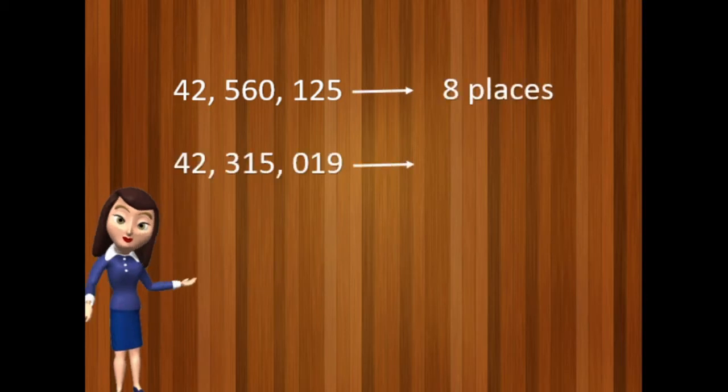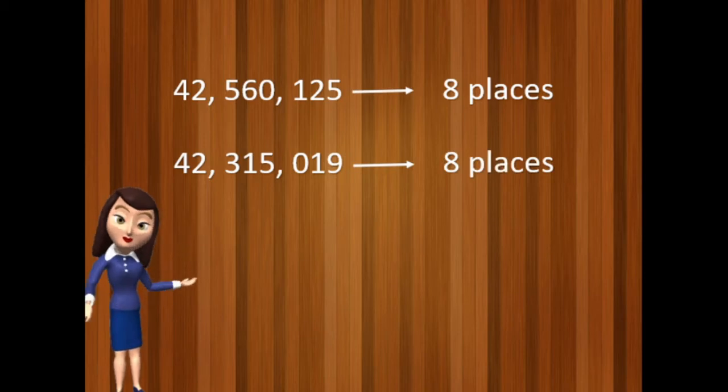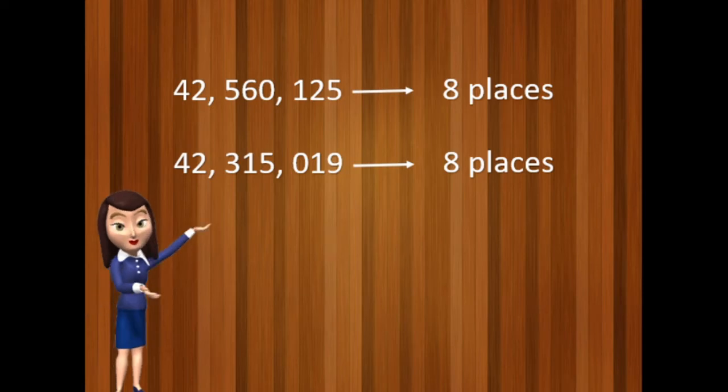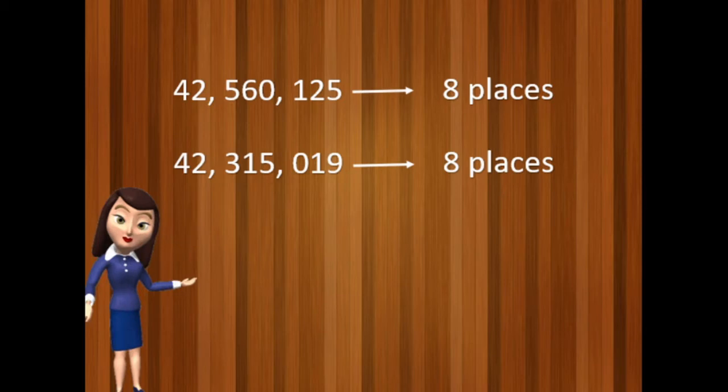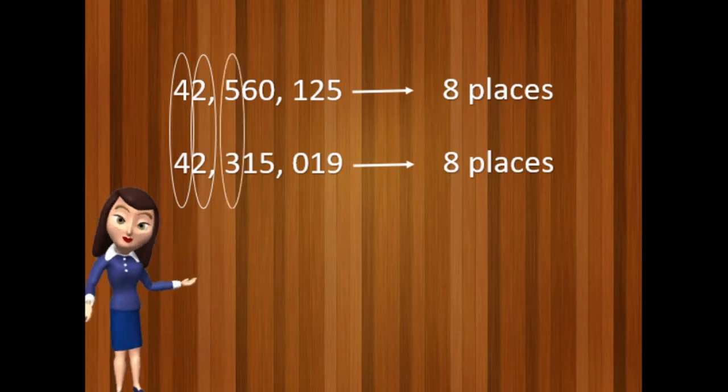We also have comparing numbers with the same number of digits. Here, both numbers have 8 places, right? What you're going to do is check each digit of both numbers. 4 and 4 are the same, 2 and 2 are the same, 5 and 3 are not.